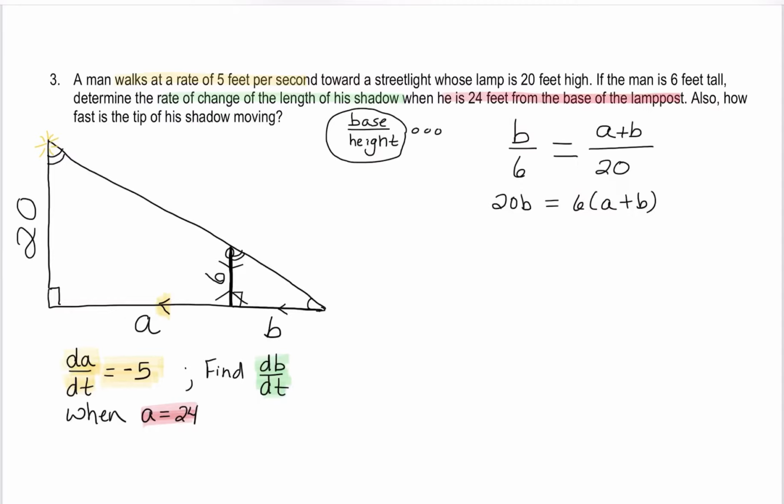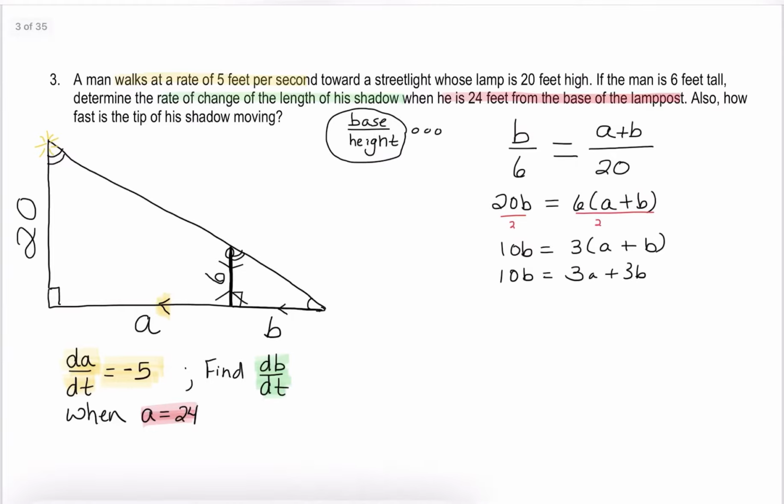We could also do a little reducing by dividing both sides by 2. So we would have 10b is equal to 3 times the quantity a plus b. And then if I distribute on the right, I'd have 3a plus 3b.